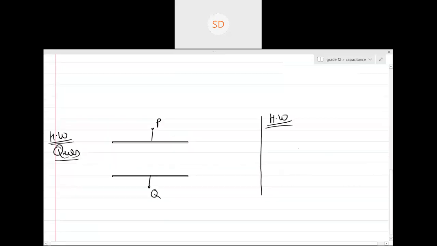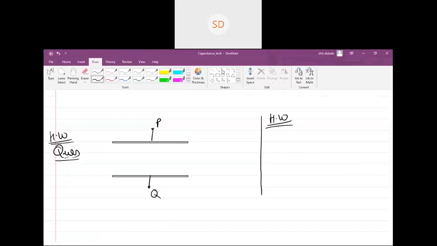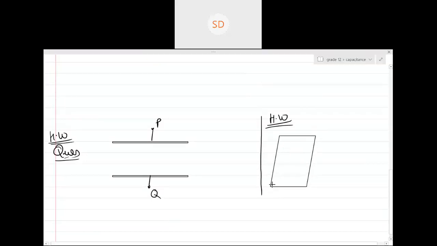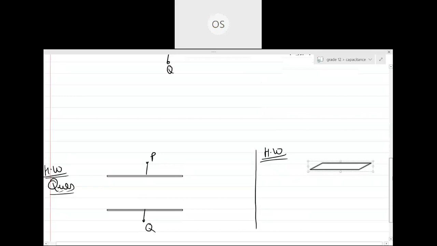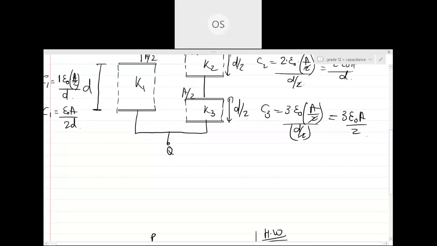Previous question's answer, I don't have it. What is everyone getting? Let me calculate it. 2 minutes लगेगा.